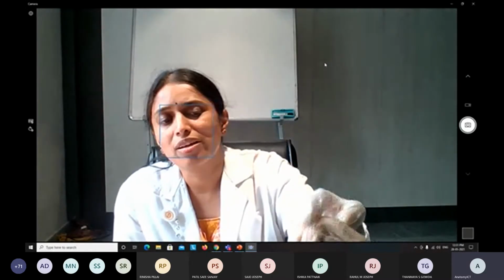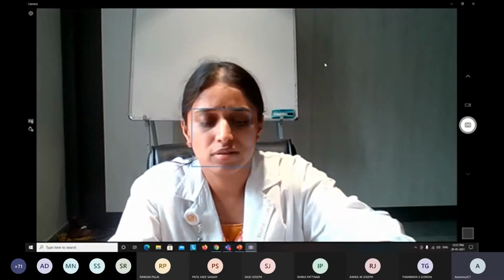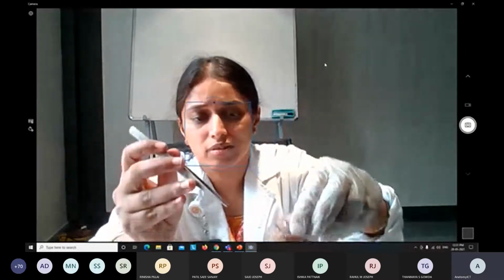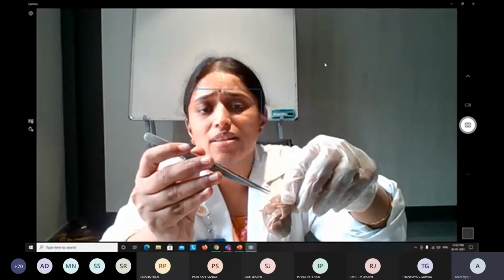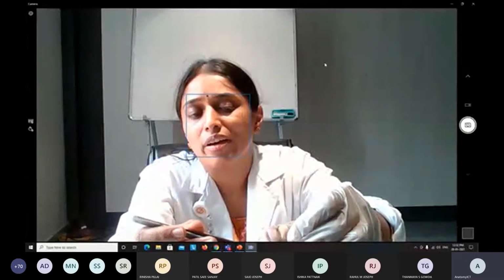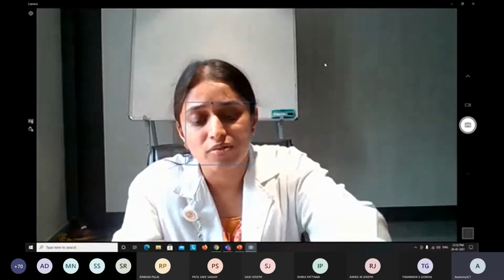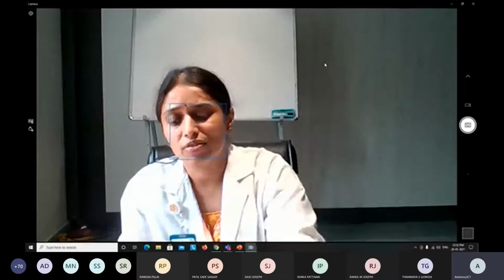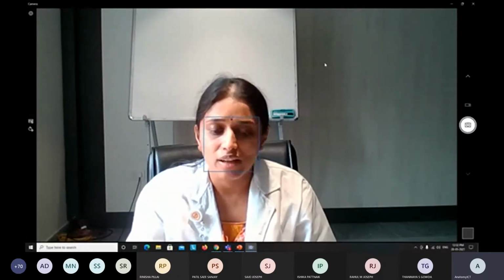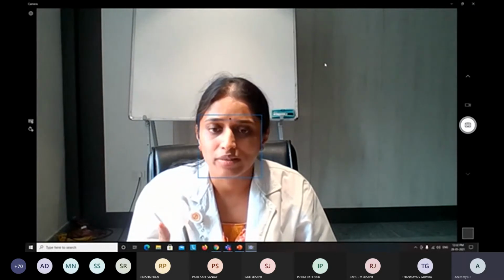Here you can see, this is the head of the epididymis, and then the tail will be here down. Then begins the vas deferens below. This vas deferens is about 45 centimeters, and it has to travel all along the spermatic cord.